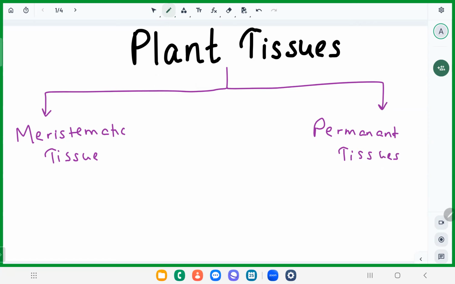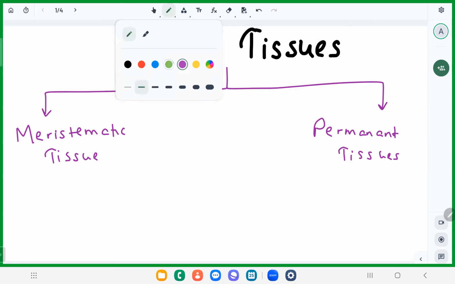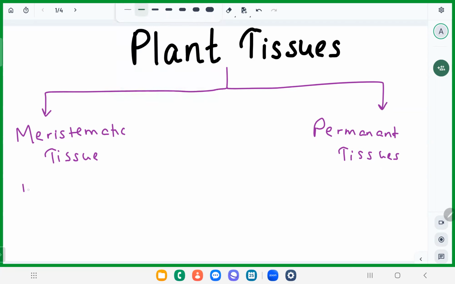Now, what exactly are meristematic tissues? These are basically the tissues where the cells are constantly dividing, and the dividing cells contribute to the growth of the plant. There are actually three types of meristematic tissues found in different locations of the plant. The first type is called the apical meristem.